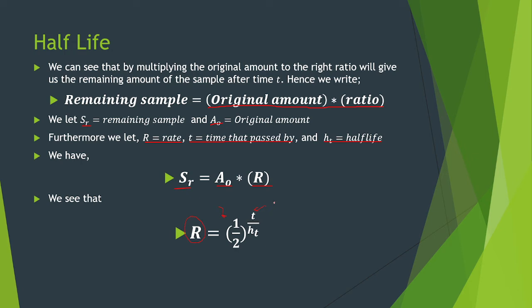Let's say for example 60 days, and the half-life is 10. If you simplify that, that will be one half raised to the power of 60 divided by 10, which is 6. So that is also equal to our exponential form earlier.